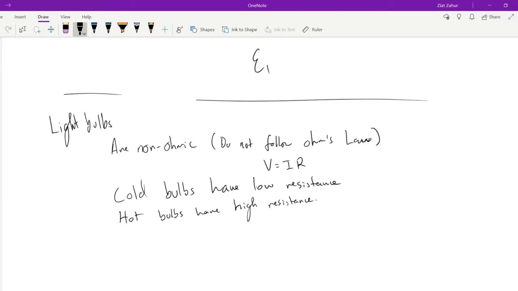All right. So you don't want to use an ohm meter to measure the resistance of a light bulb, especially when it's off, because that's going to give you a different value. So for light bulbs, don't use an ohm meter.